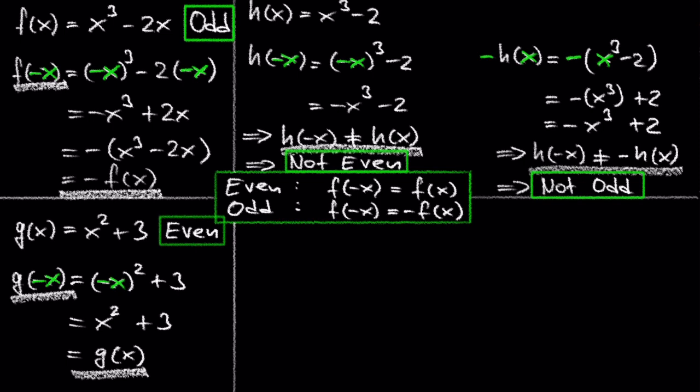Let's look at the last example. i of x equals negative 3x plus 2. Is this function even, odd, or neither? I really encourage you to pause the video and try this on your own. i of negative x equals negative 3 times negative x plus 2.